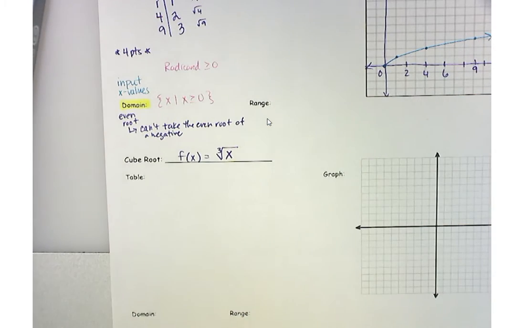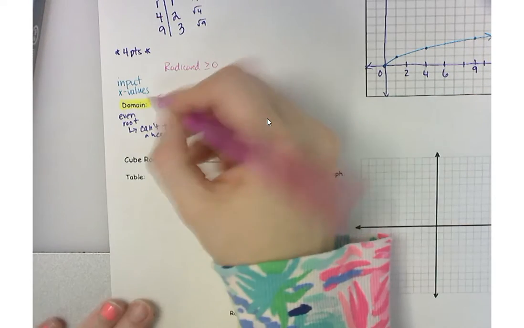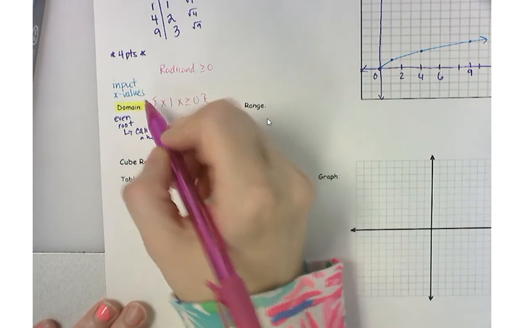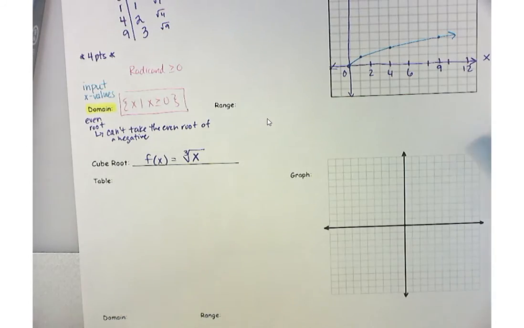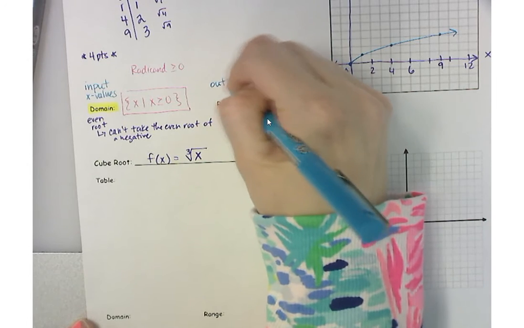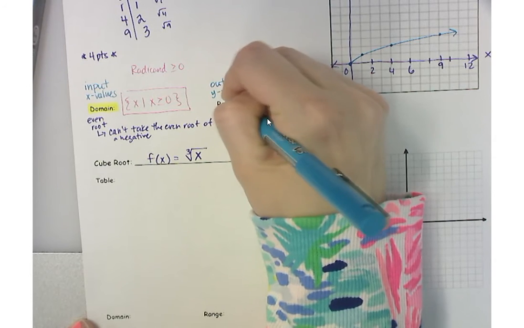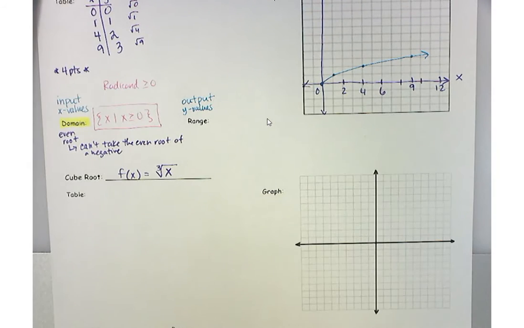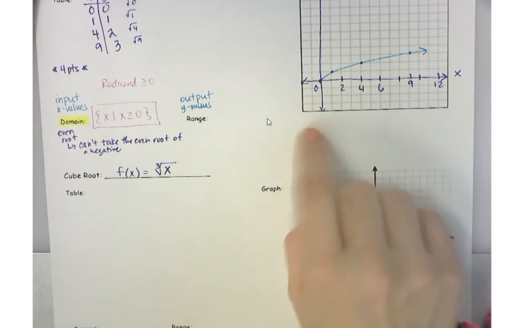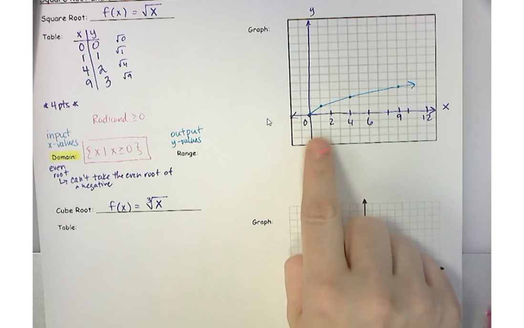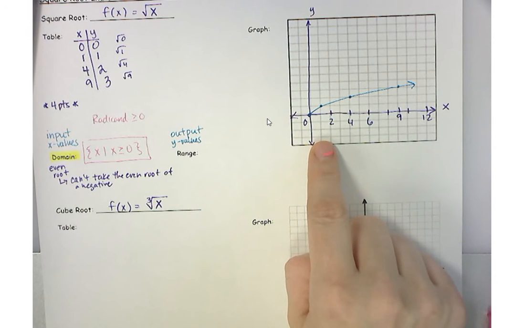Now your range is going to be your set of output values, or y values. Let's look at our y values. You're looking vertically. The lowest y value we can have is 0. And if we look at the arrow, is this going to continue to go up? Yes. Sometimes it will continue to go up. If you have a reflection, it will go down.